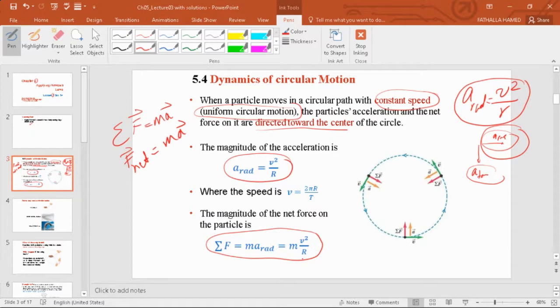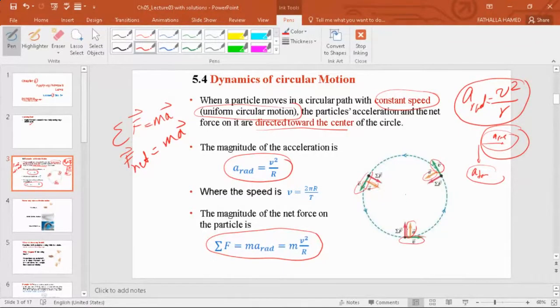So these are the cases. If you look at the diagram here, just to make things clear, you see the green arrow here, and the green arrow is always tangent to the circle. And you can see it has the same length, that means the same magnitude, that means it is moving with constant speed. Then you can see the orange arrow here, which is the direction of the acceleration, which is directed toward the center of the circle.